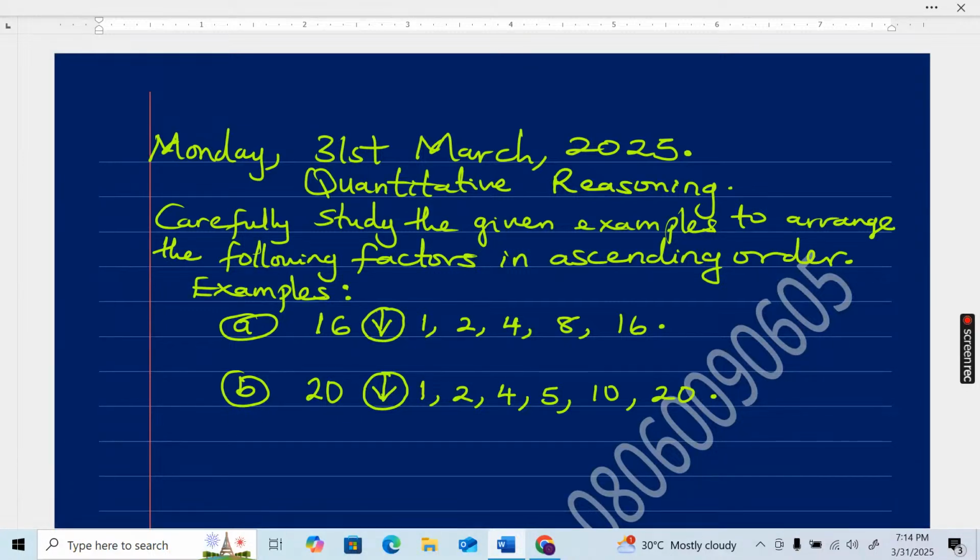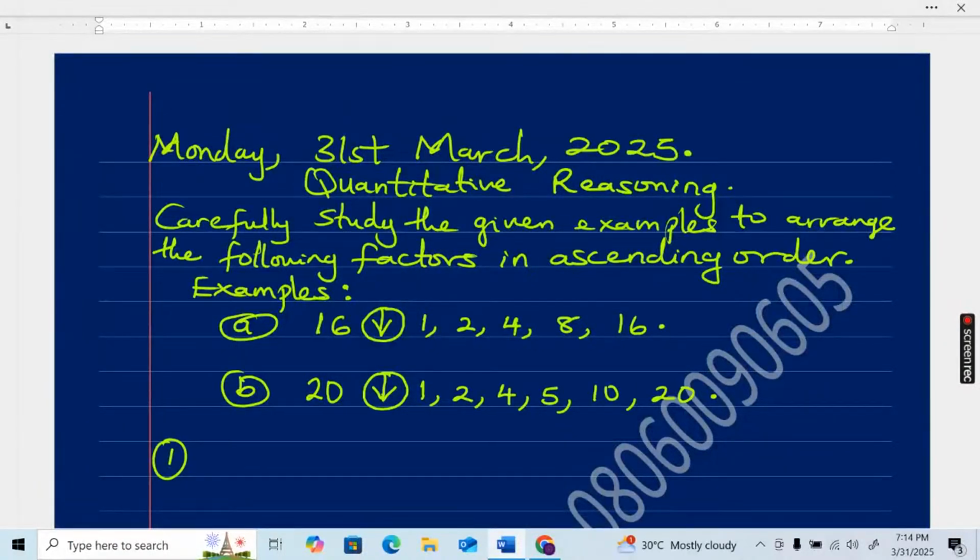To arrange in ascending order means to list the factors and place the smallest one first. After placing the smallest one first, we keep arranging the numbers in order of size. Let's see, doing some exercises together.